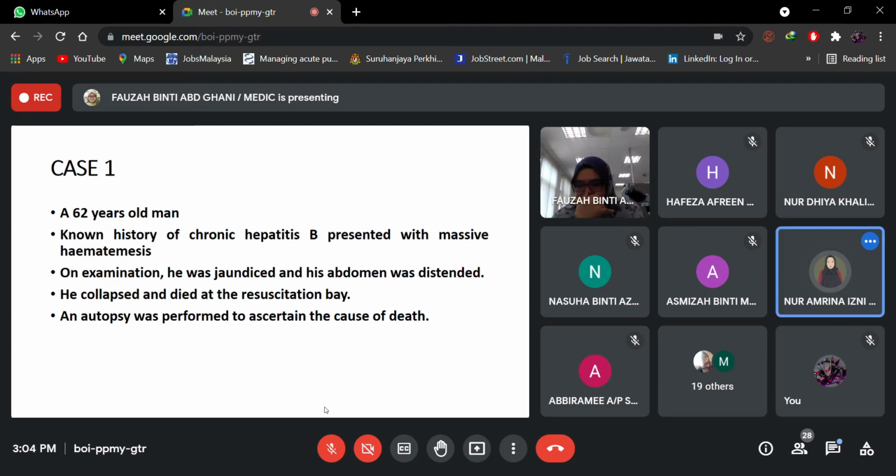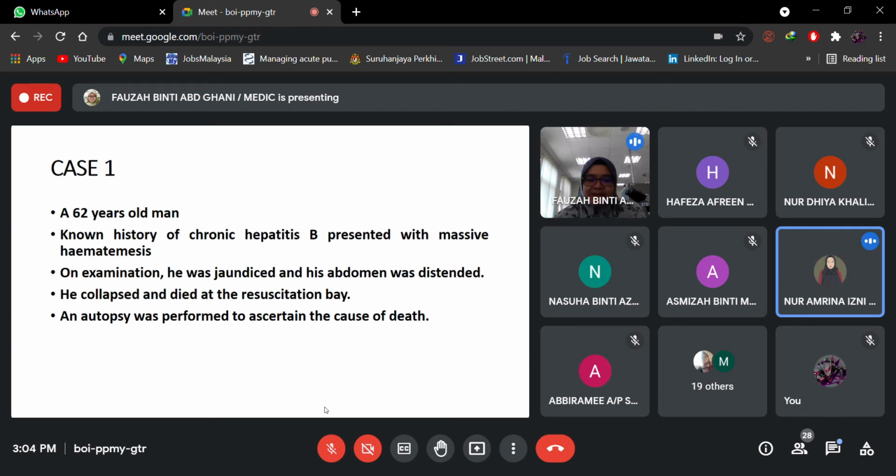Hematemesis is blood vomiting. Is that right, Doctor? Yes, correct. So do you know the relationship between hepatitis B and hematemesis? Not just a small amount, but this is a massive hematemesis. I'm not sure about that part, Doctor.